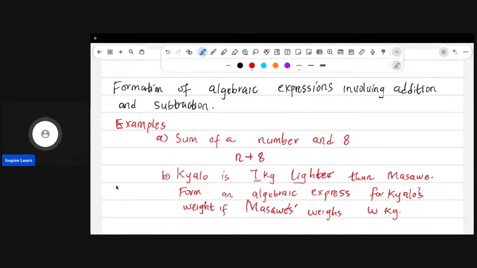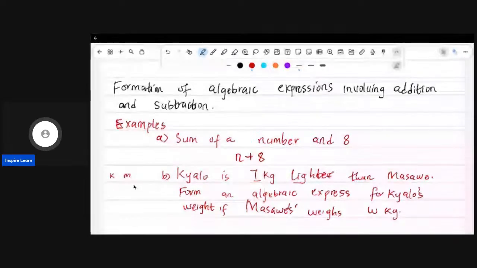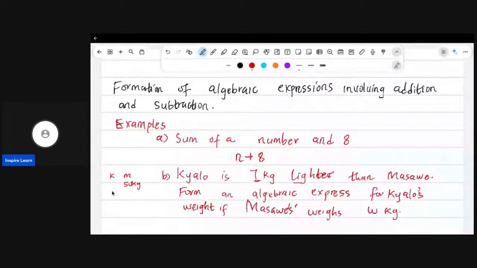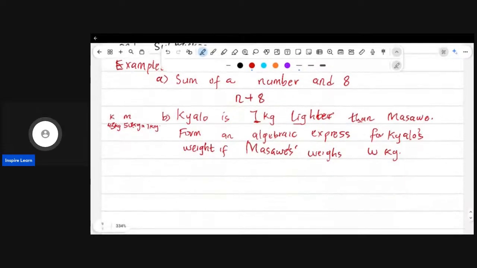If we use numbers for this, for example, Masawe being 50 kg and Kilo being 7 kg lighter, then Kilo is 43 kg. So now we want to form this algebraic expression.